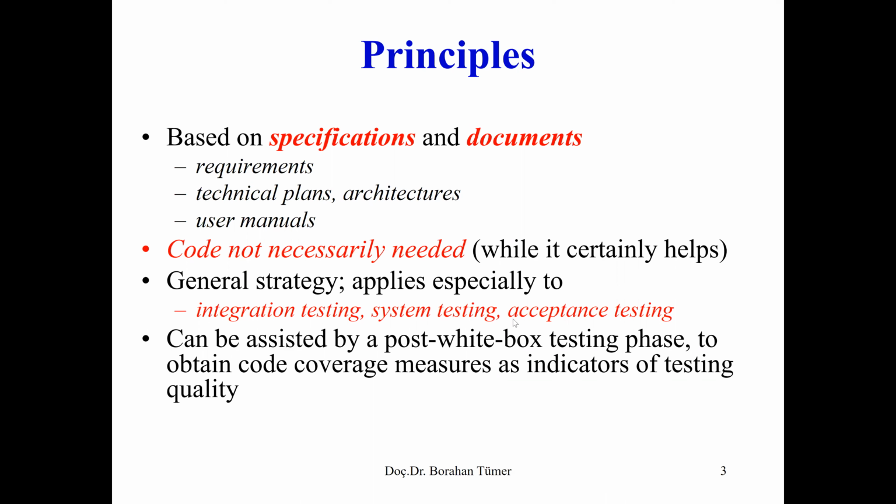Why are these testing types the best fit for functionality testing? I mentioned that in our discussion last week, because black box testing is functionality testing. So we define the functionality of a system, its subsystems, or possibly its modules.